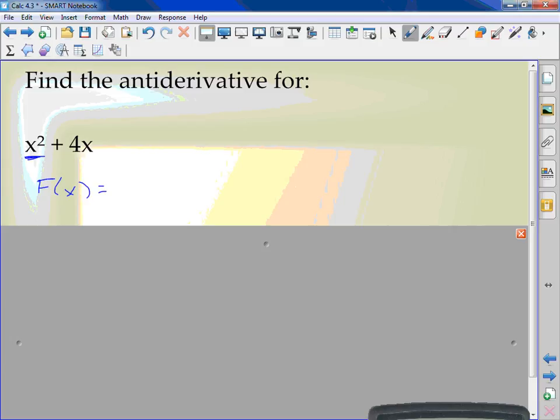Derivative or antiderivative of x squared. It would be x cubed over 3. Because if I took the derivative of x cubed over 3, the 3 goes out front, 3 divided by 3 cancel out, I'm left with x squared.